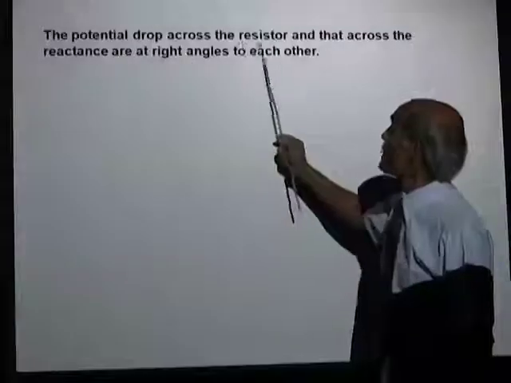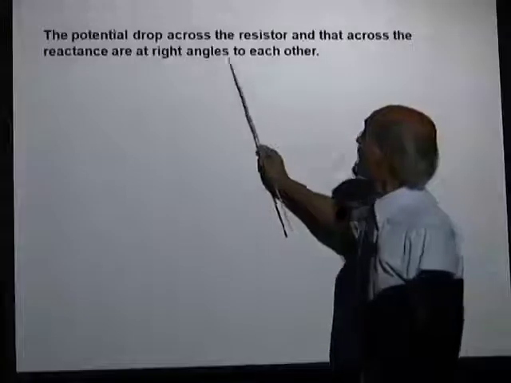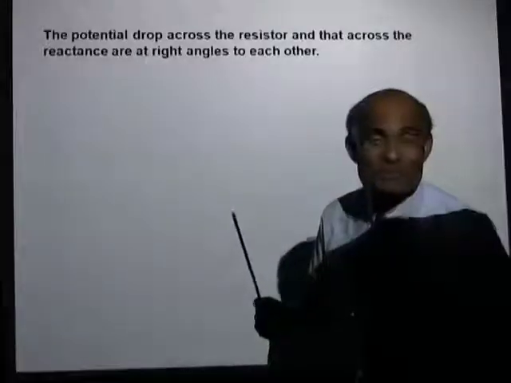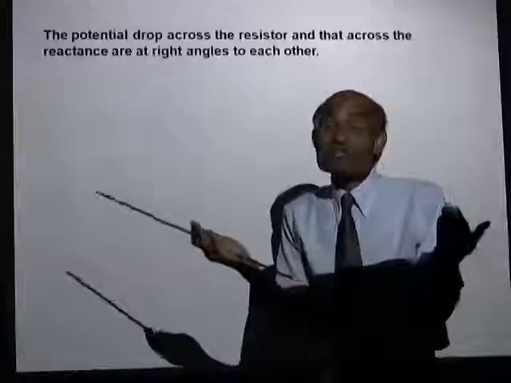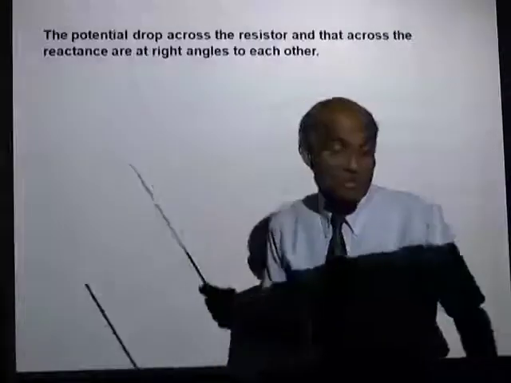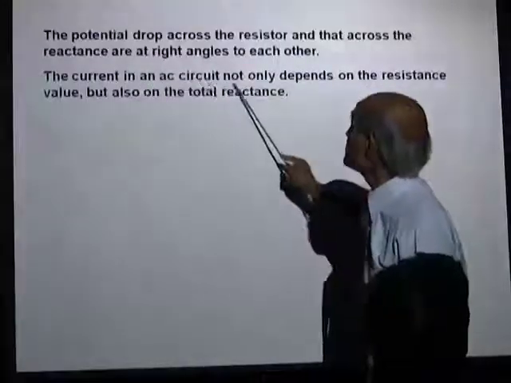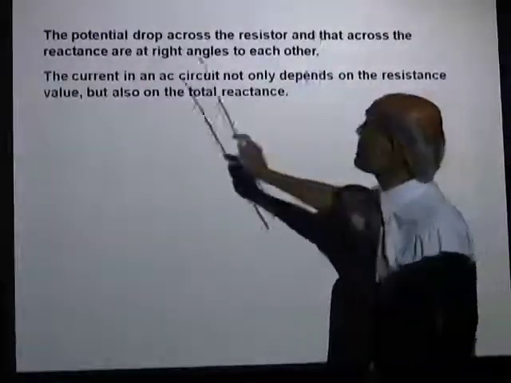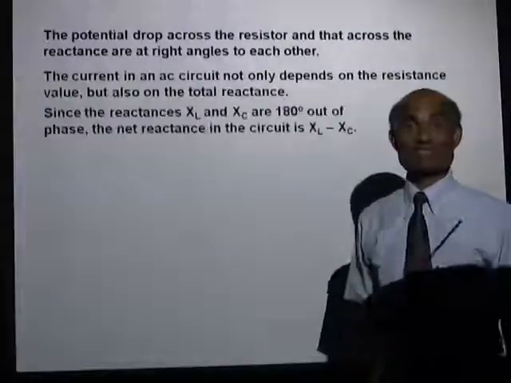The potential drop across the resistor and that across the reactance are at right angles to each other. Is that right? Yes. The potential drops across each of these are not in phase. The current in an AC circuit not only depends on the resistance value but also on the reactance.